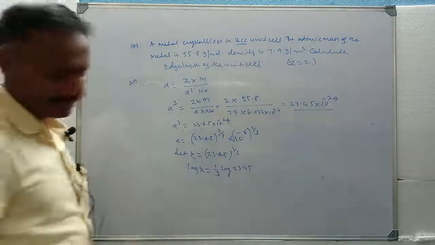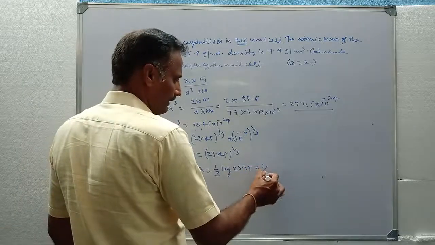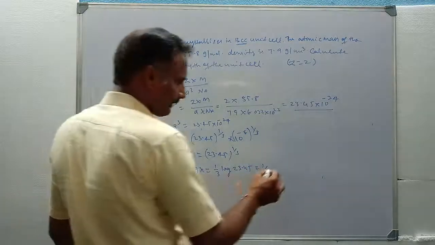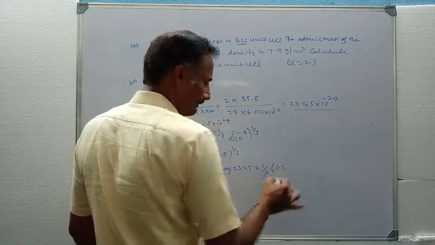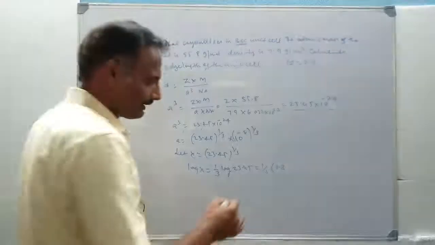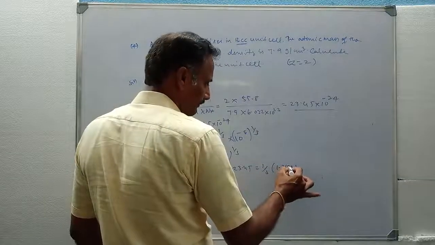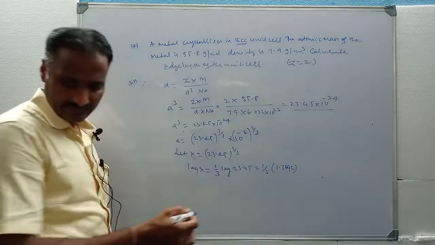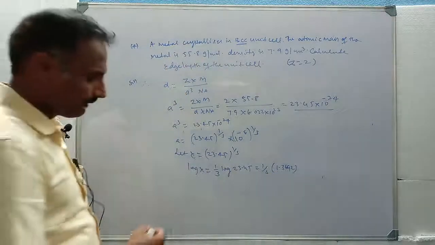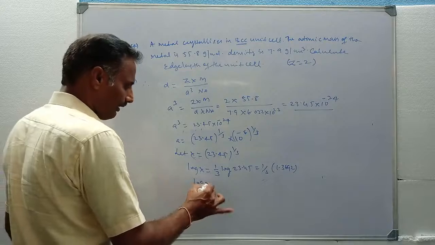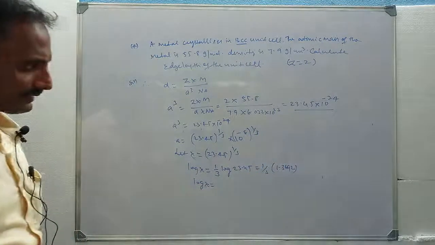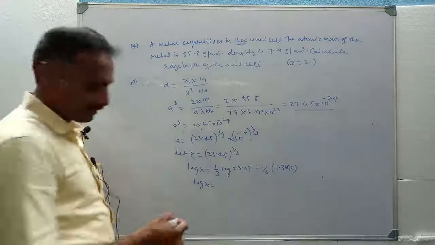On simplification, 1 by 3 log 23.45 is 1.3692. Log x equals 1 by 3 of 1.3692.